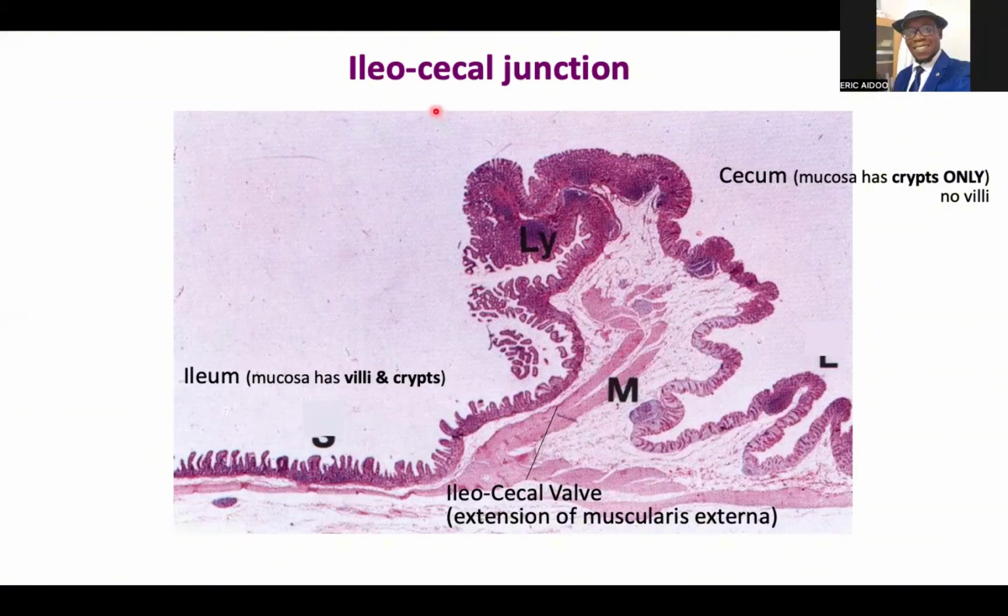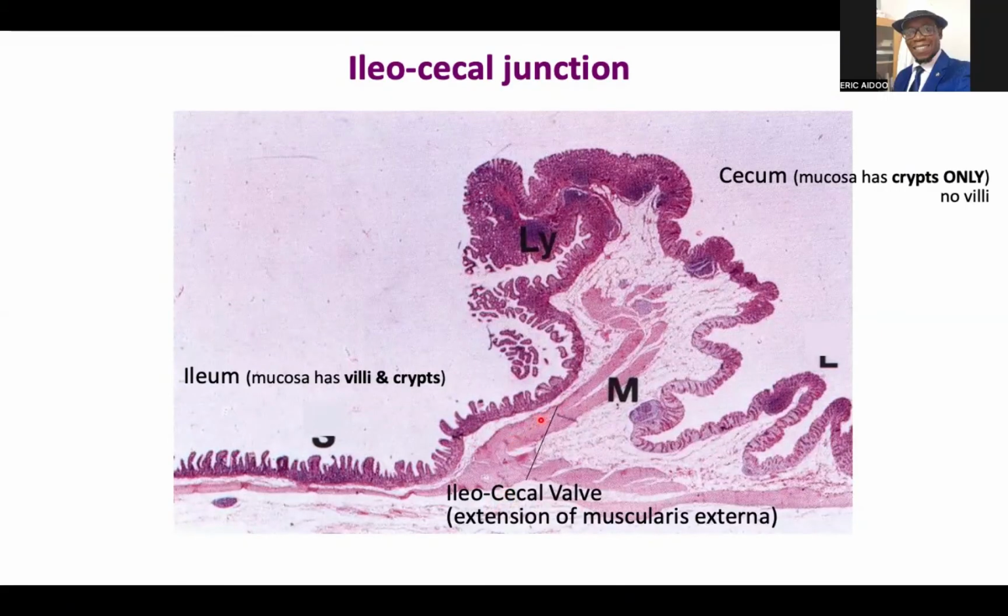So between the ileum and the cecum, there's a junction. It means that we are now moving from the small intestine to the large intestine. So you have the ileum portion. Mucosa has villi and crypts. And then there's an extension of the muscularis externa.